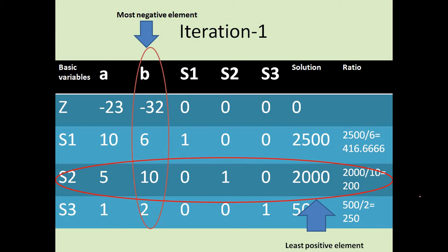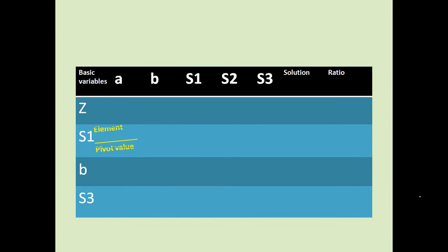Now can you see an intersecting value, and that's 10. So this is called your pivot element. In the next step, you're going to divide the corresponding elements by the pivot value. Note that we have also changed the b values. I'll tell you why you're doing it this way.